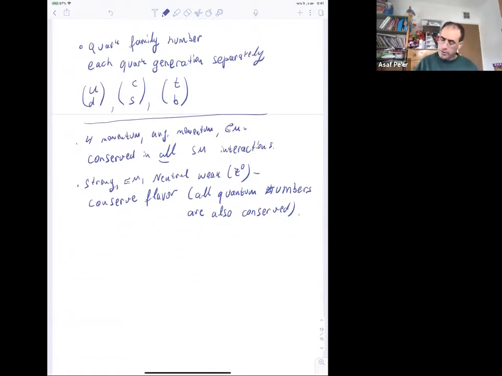Now the charged weak interactions, the ones mediated by the W, of course, they cannot conserve the flavor. Flavor necessarily changes.